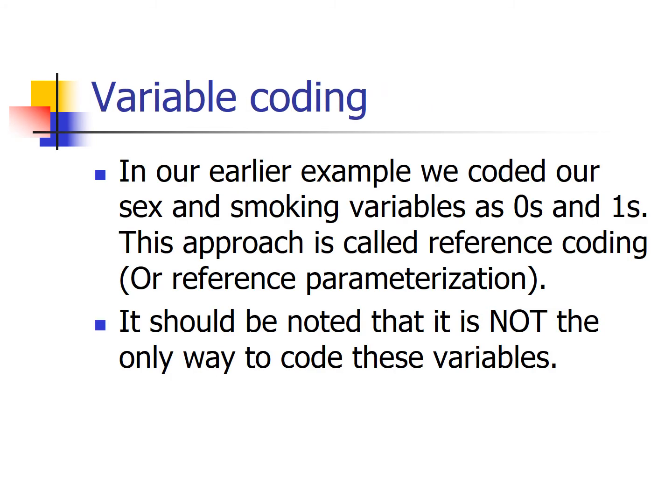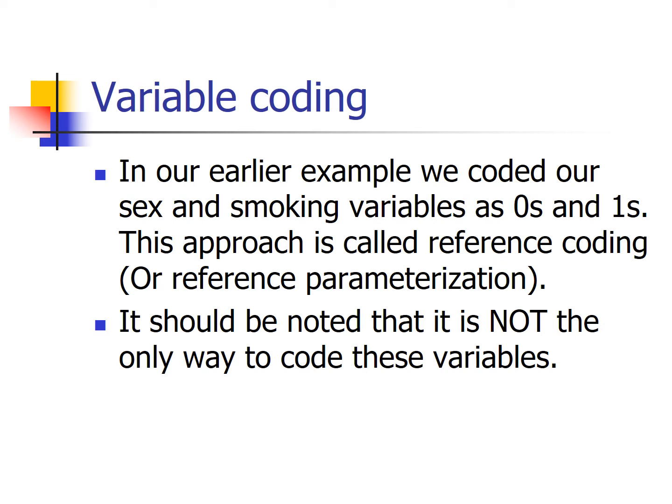So, to see why these model equations ended up being different from one another, we need to revisit this Stat 512 topic on how to code variables. Now, in our earlier example and in Stat 512, we learned how to code variables as zeros and ones. This is called reference coding, or sometimes referred to as reference parameterization if you want to sound a little fancier.